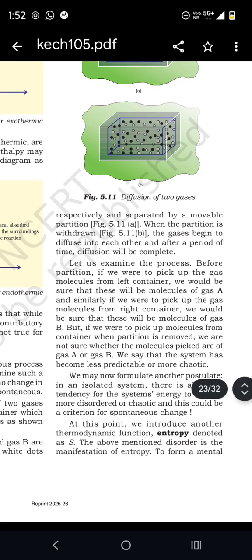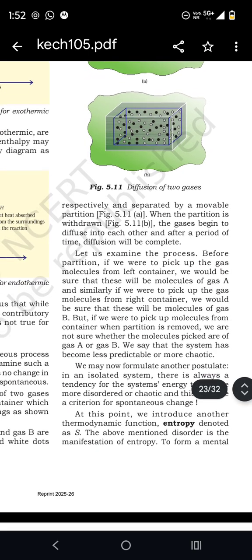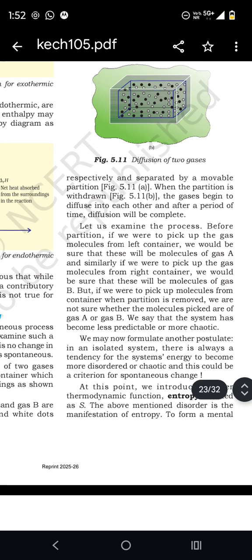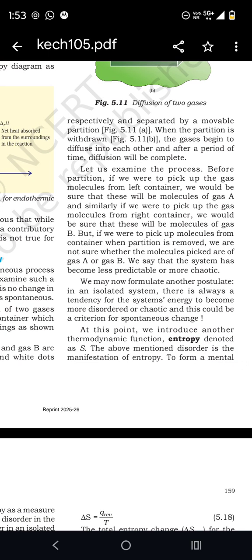When the piston is withdrawn, the gases diffuse into each other, and after a period of time, diffusion will be completed. Let us examine the process before partition removal.